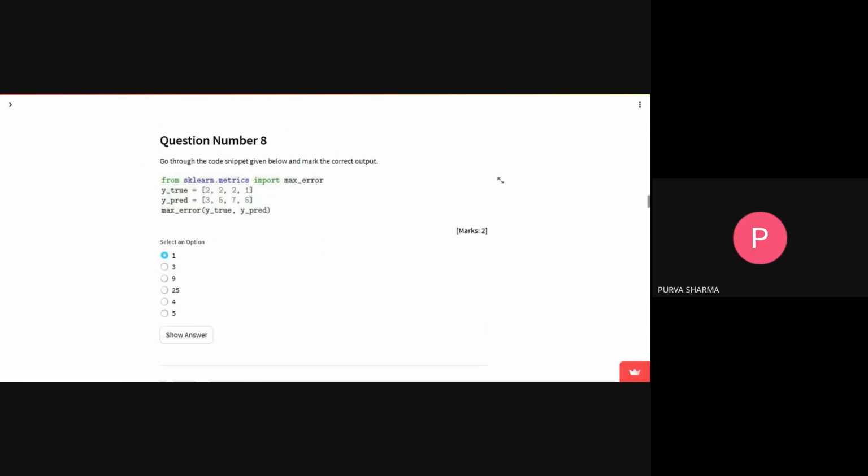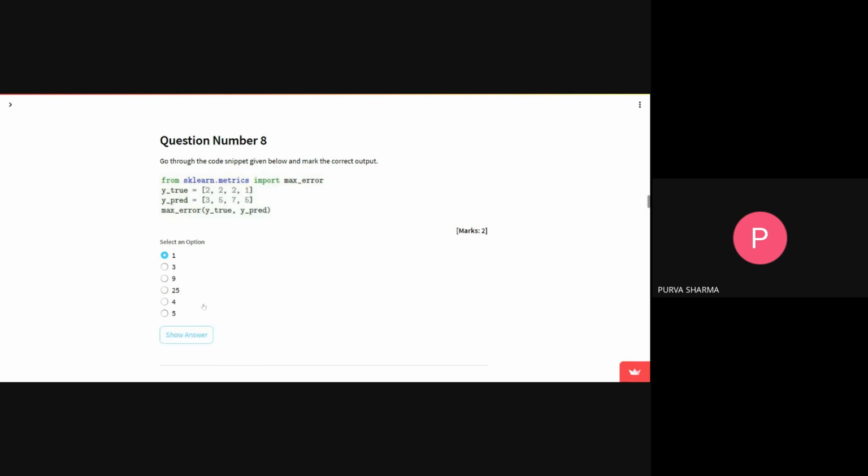So okay, now answer this. From sklearn.metrics, import max error. We have y true, y predict, and yeah. 5. What about others? 5? Right.